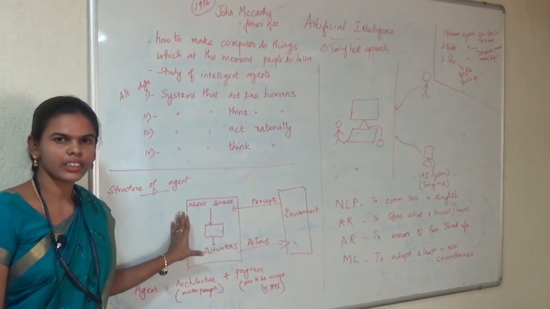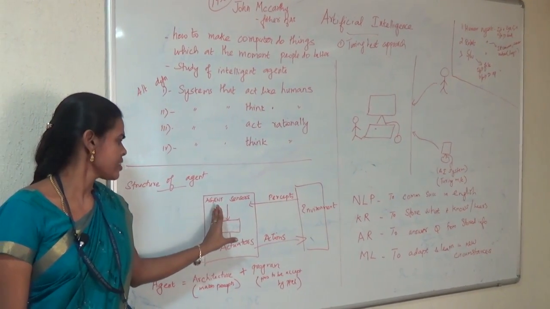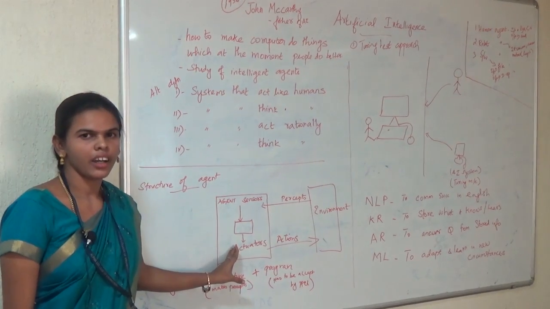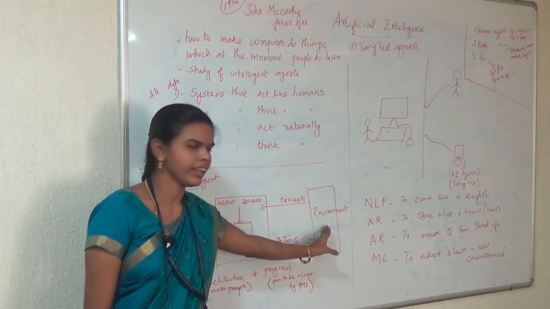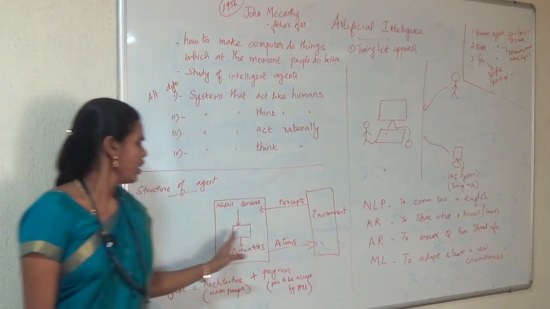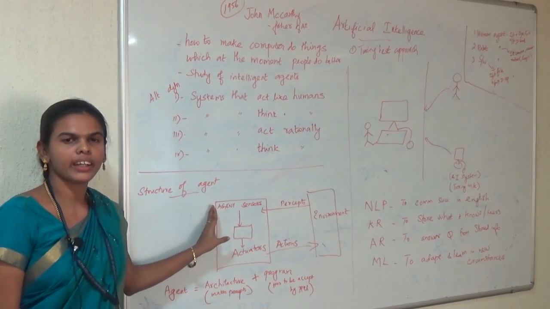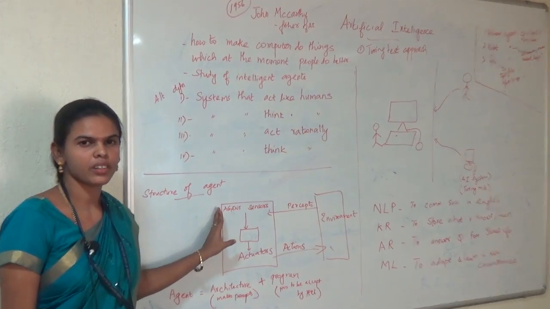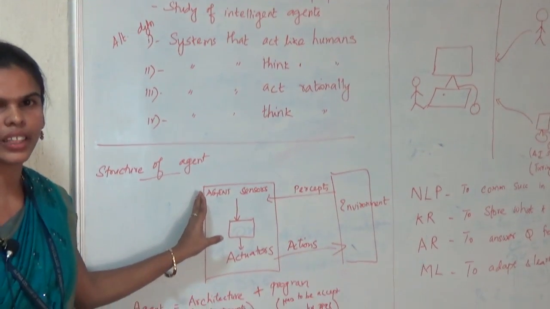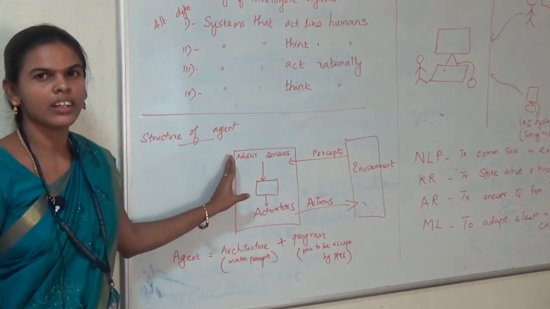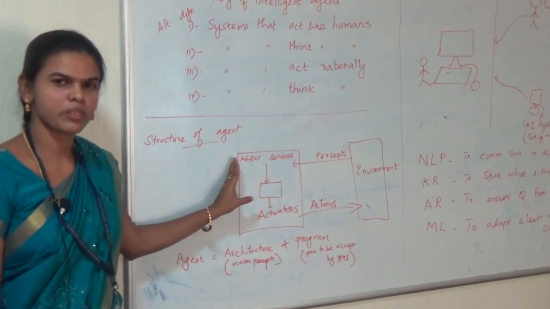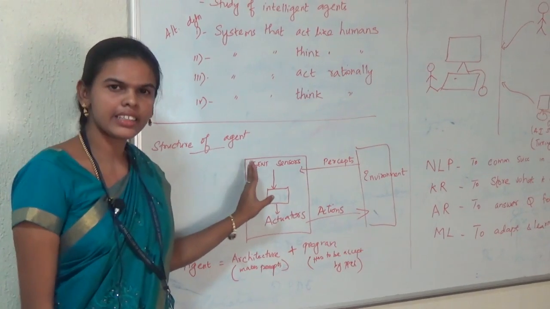Inside the intelligent agent there will be agent sensors and actuators, and the other block is drawn for the environment. And like we human beings see the environment, percepts means perceive, that is we observe the environment and store it in our brain. The same concept is applied for the machine, that is the intelligent agent.